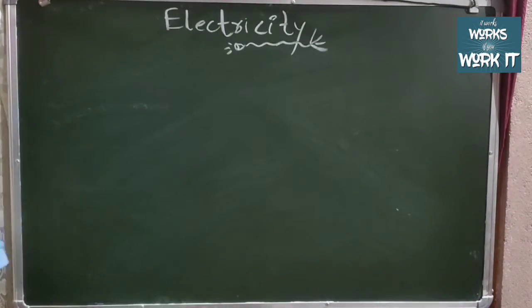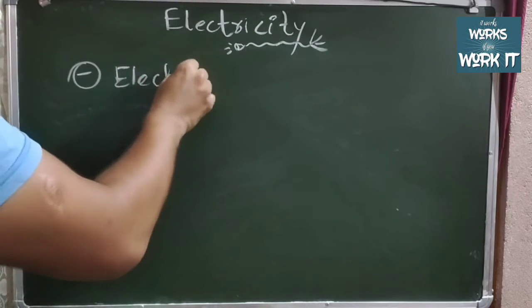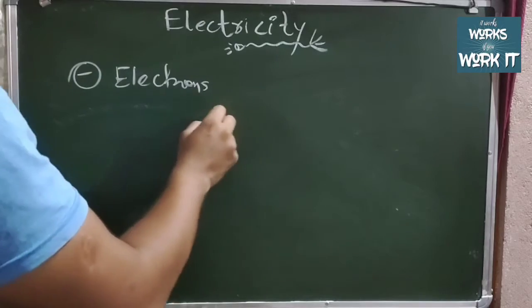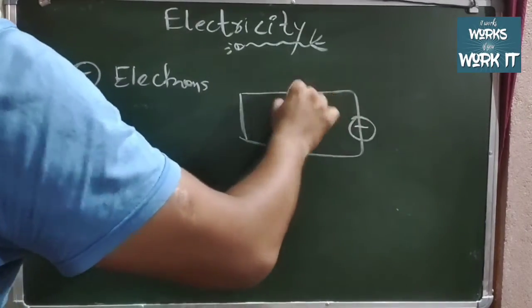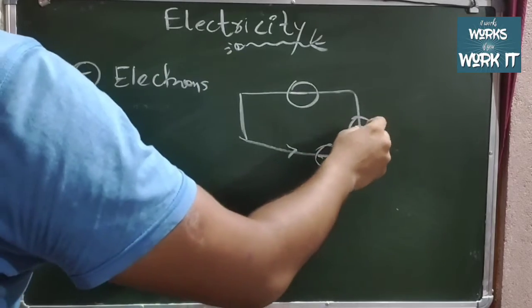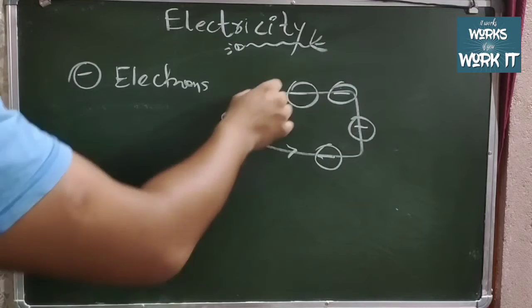So students, I will say a little bit extra that is out of your syllabus. So mainly electrons flow in the electric circuit or in any wire, and not the protons, that is, not the positive charges.